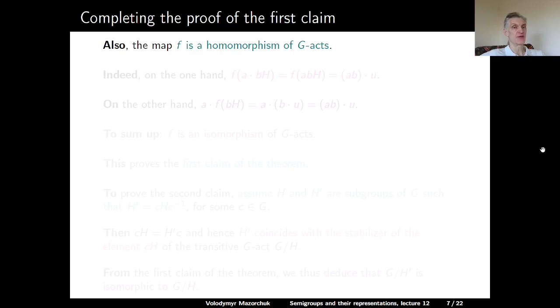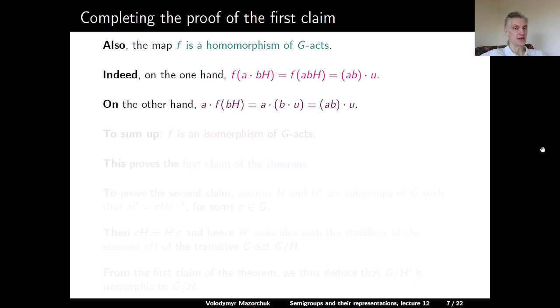And also the map F is a homomorphism of G-acts. Indeed, if we apply F to A acting on BH, this is equal to F applied to ABH, and this is equal to the application of AB to the element U. On the other hand, if we apply A to F of BH, that's applying A to B applied to U, and by the axiom of an act, this is equal to AB applied to U. So we have that F of A applied to BH is equal to A applied to F of BH.